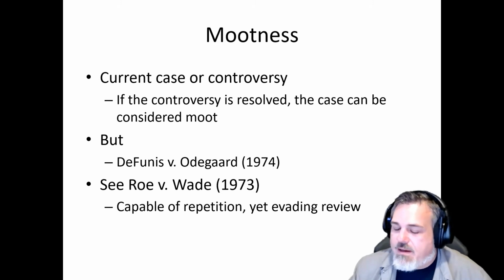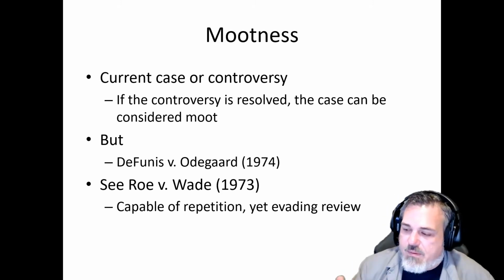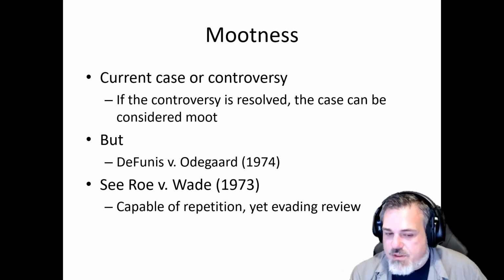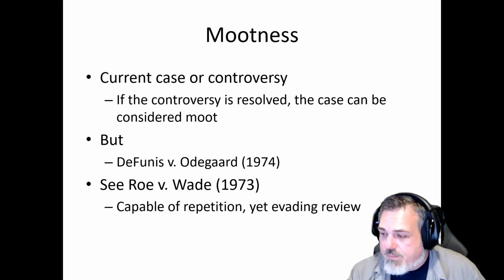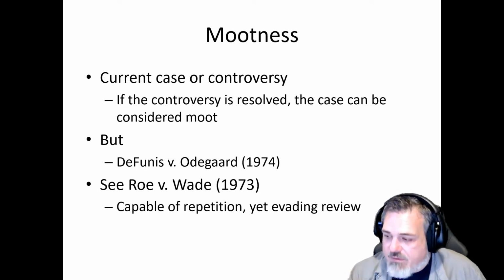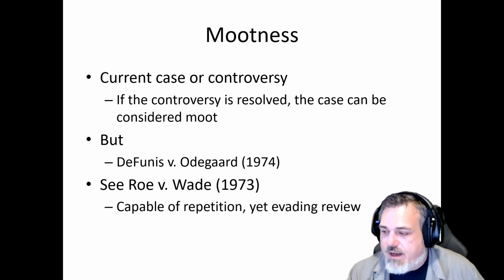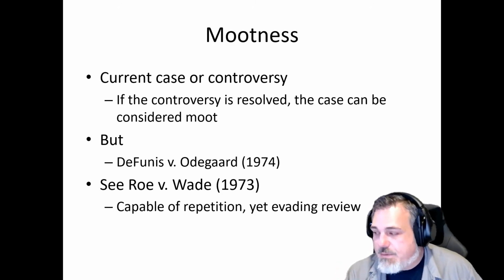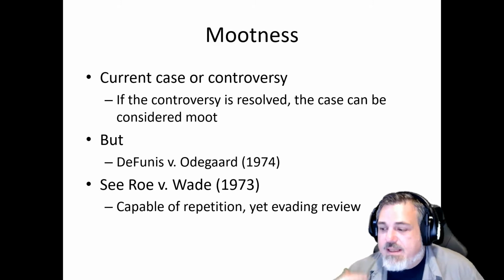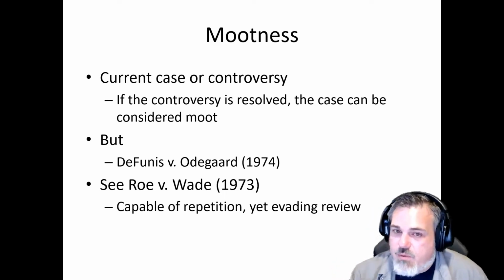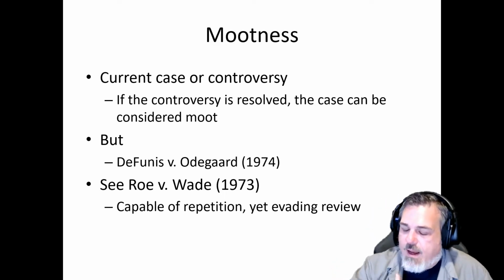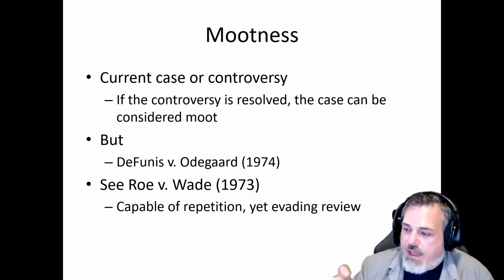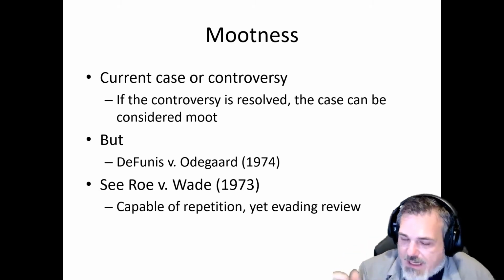The idea of this thing being able to escape review because of how it's bound in time, the Supreme Court realized that if they did not make an exception to the Mootness doctrine, they would basically never be able to weigh in on cases like abortion that happen in a short time span.